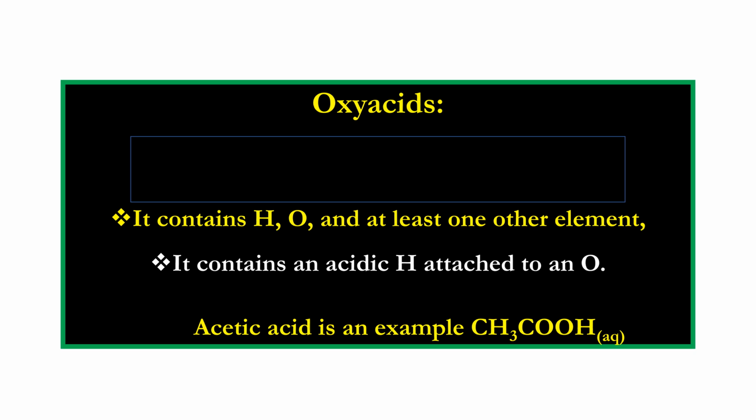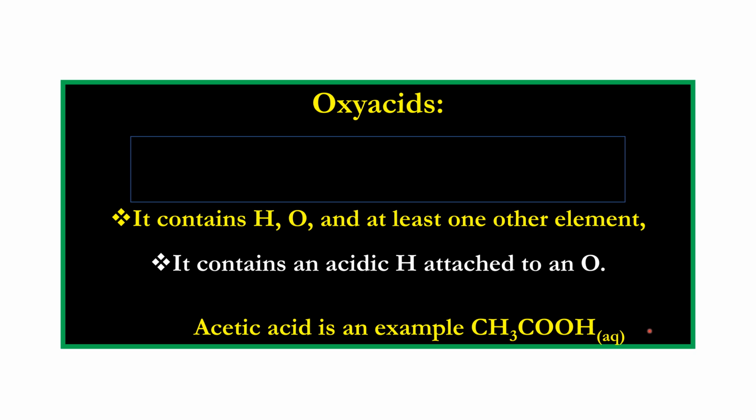So an oxy acid must have oxygen, it must have an acidic hydrogen, and it must have at least one other element. An example of an oxy acid is acetic acid. You can see it has oxygen, it has acidic hydrogen that is attached to an electronegative atom, and it has another element, carbon. So it qualifies to be an oxy acid.